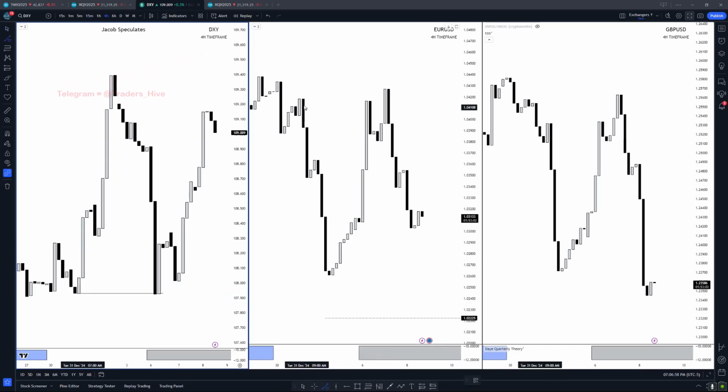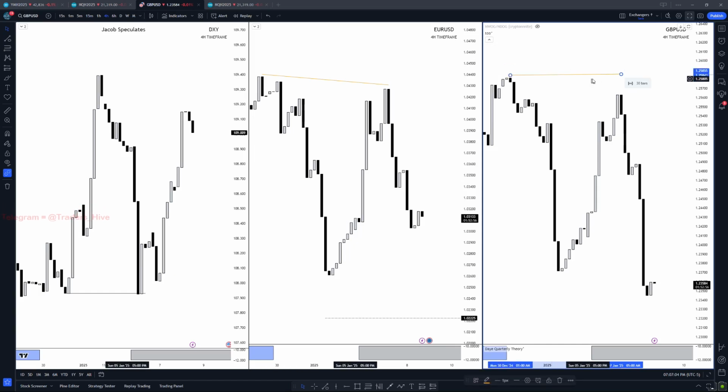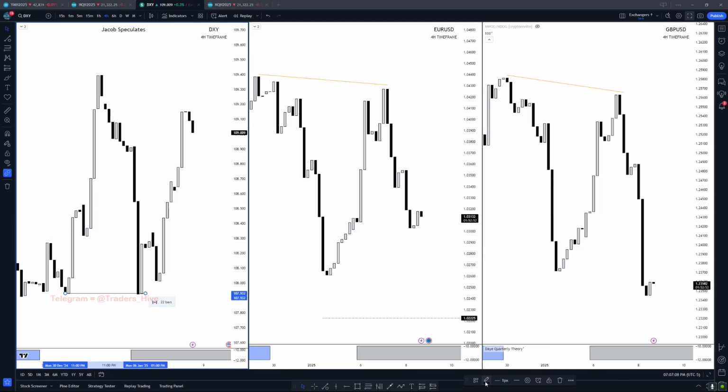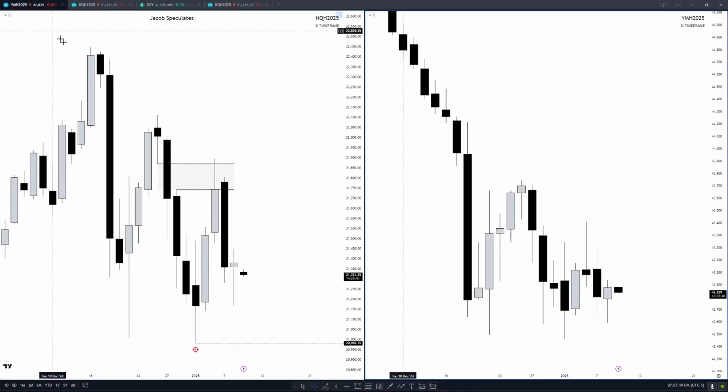There was a monthly hidden SMT. And the time that this monthly SMT formed is the same time that we tagged into this key level.